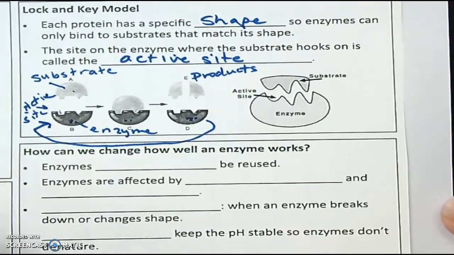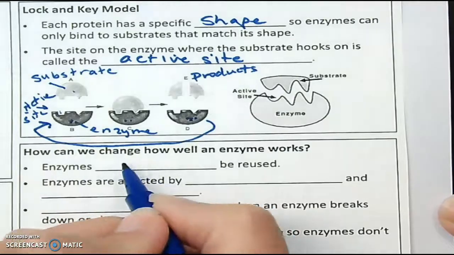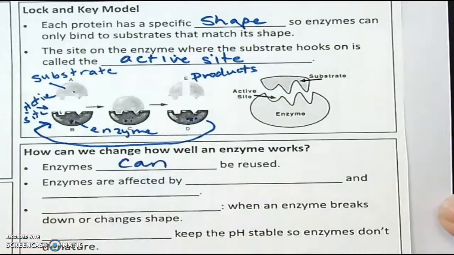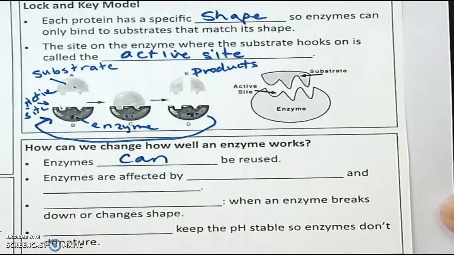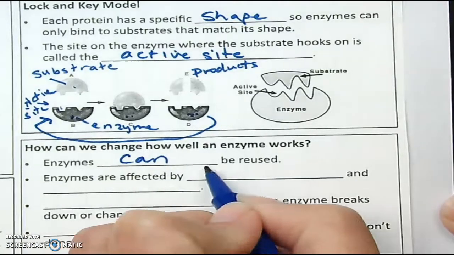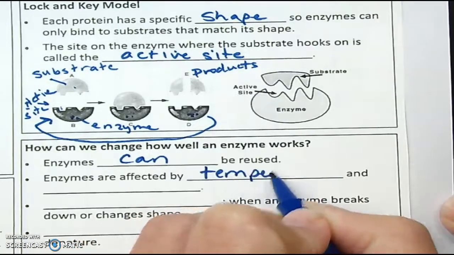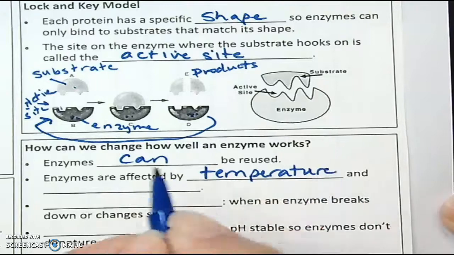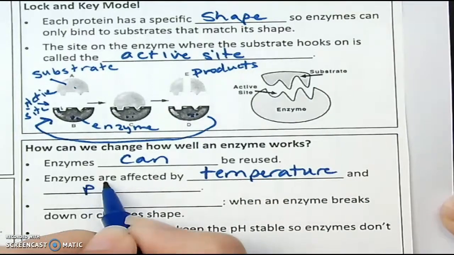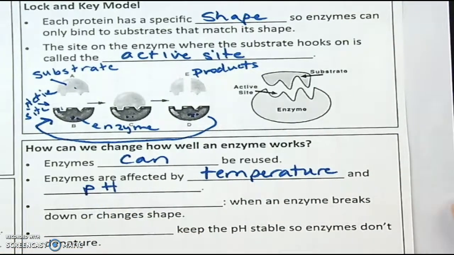Okay, just a couple of things to keep in mind. Enzymes can be reused. Enzymes are affected by temperature and pH. They like to be at an optimal temperature, which is their best temperature, or an optimal pH, the pH where they work best.